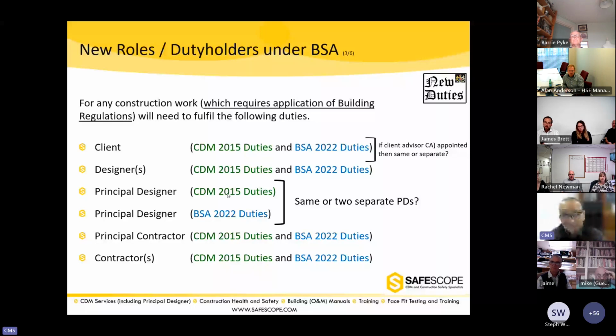That's very difficult when I come to explain the different duty holders and what they have to do. As most of you know, certain duty holders will have to give a written statement. A client now has to give a written statement to say the project complies with the building regulations at the end of the project.